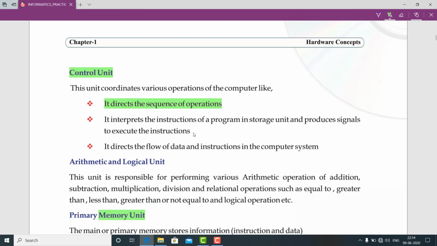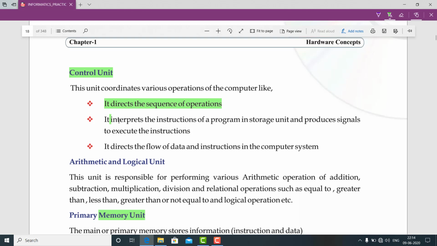So interpreting means it also does the work of translation. Clear? So you input text and it will convert it into binary code, and then again it will execute the instruction into a readable form.